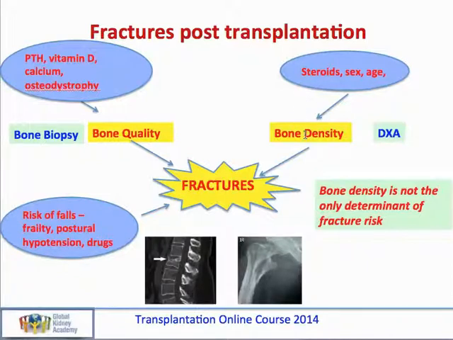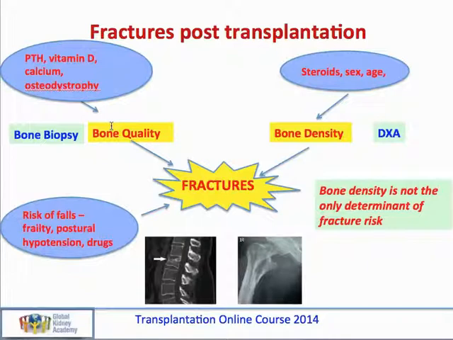But there are a number of other risk factors that determine the quality of the bone and therefore the risk of fracture. As well as bone density, we know people with kidney disease have abnormalities in their bone. So there's a qualitative problem with the bone. That can be due to pre-existing renal osteodystrophy. They may have renal bone disease, whether it's adynamic bone disease, mixed bone disease, osteitis fibrosa cystica, high turnover bone disease.